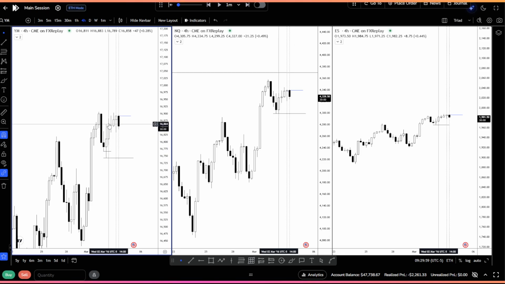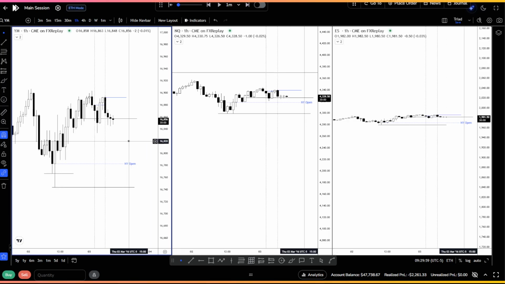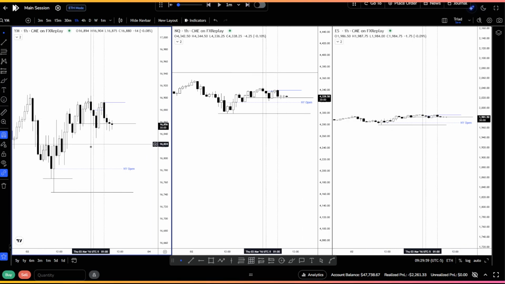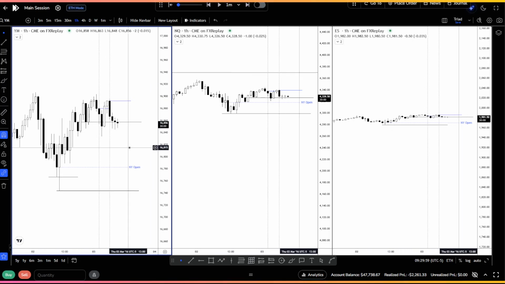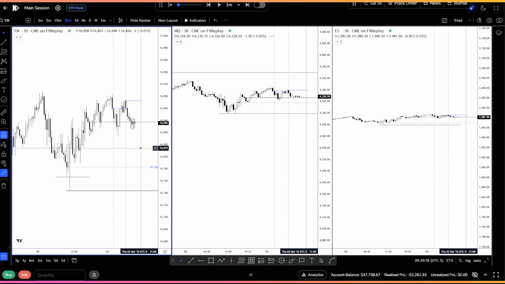Nothing else happened yesterday. 10 a.m. sort of did nothing. 2 p.m. expanded just a little, just barely, and then closed. We don't have any sort of higher time frame CSD as well. Coming to the day, we opened up and still roaming around the open. Yeah, not a good thing for me.